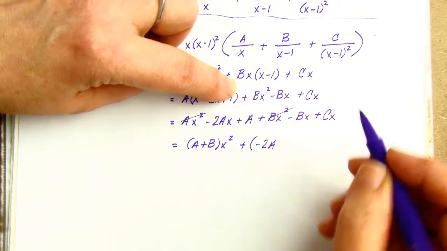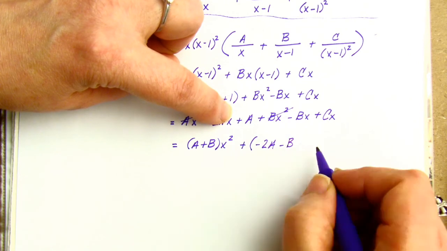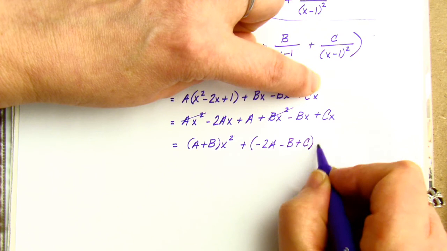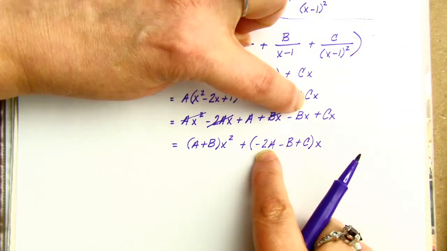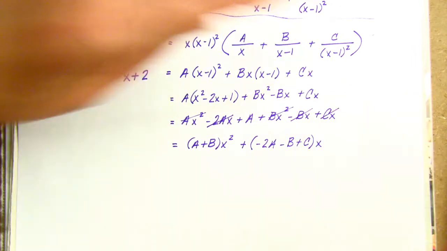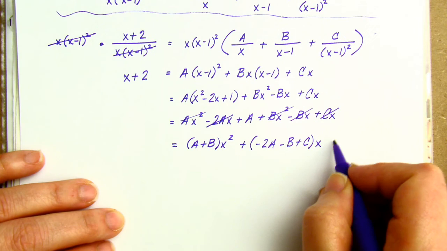Don't forget, there's going to be an x on the end. Minus b, I'm factoring out the x, plus c times x. Minus 2a, minus b plus c, they all have x's. And my constant on the end is plus a.